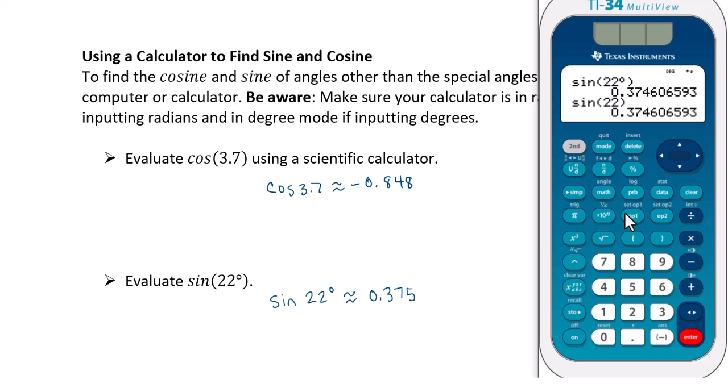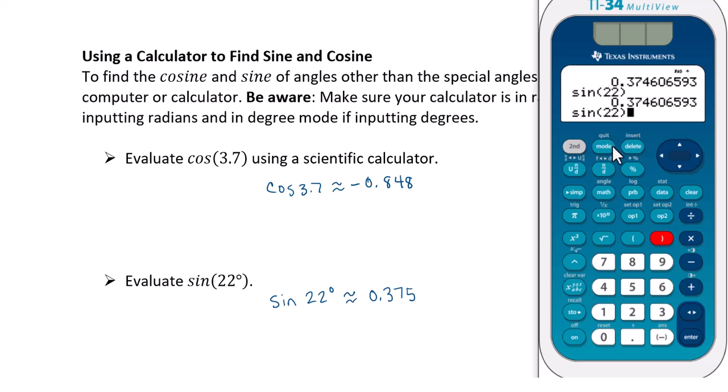Now just one more time. Let's change the mode back to radian mode. And let's try taking the sine of 22, but we leave it at that. We don't put a degree sign, so we're in radian mode.